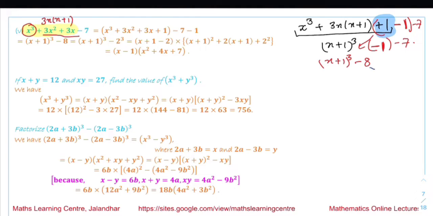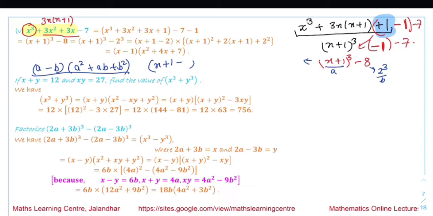Now 8 you can write like 2 cube. This term you are considering is a, this term you are considering is b. The formula we have is (a minus b) into (a square plus ab plus b square). So when you apply this formula, this term will become x plus 1 minus 2.